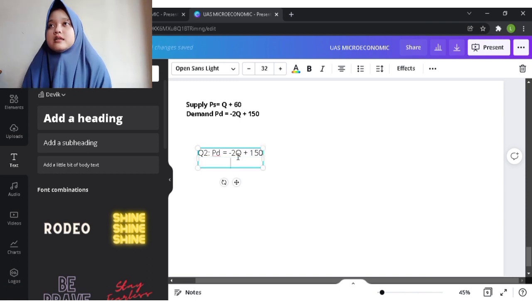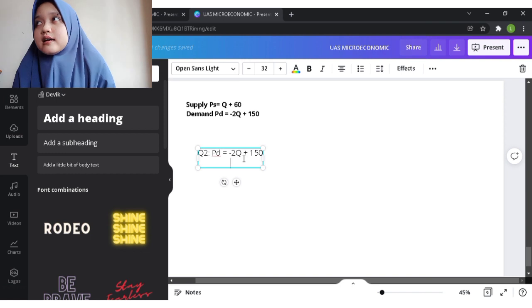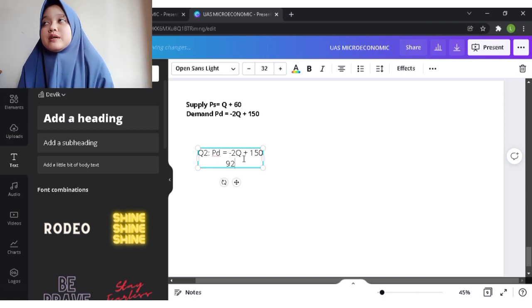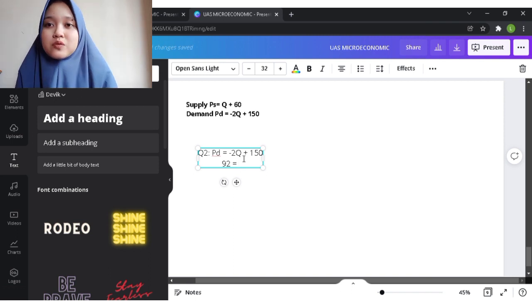Because Q2 is the quantity with the new price, the minimum price, we can use the minimum price as PD.